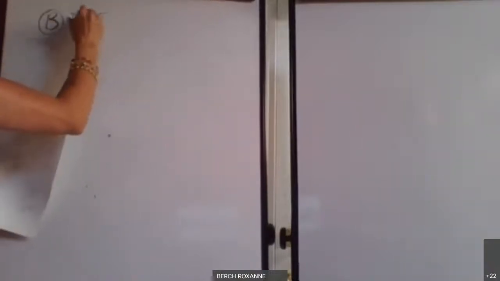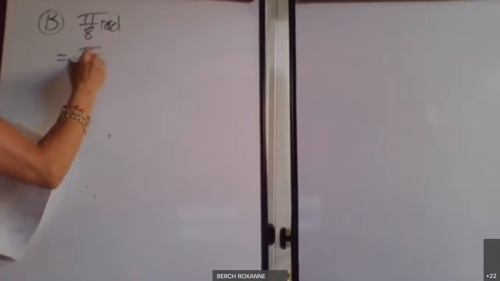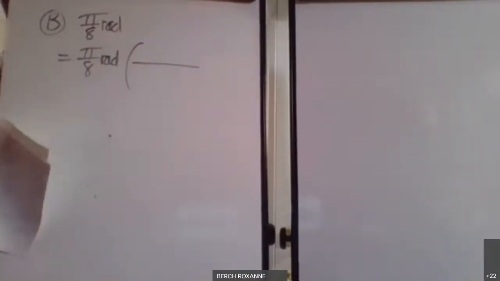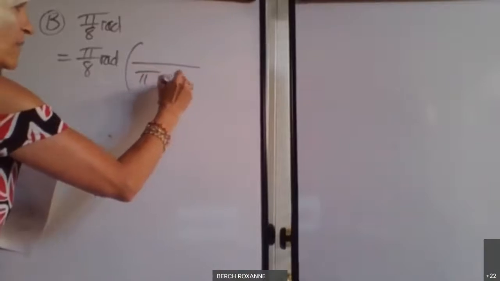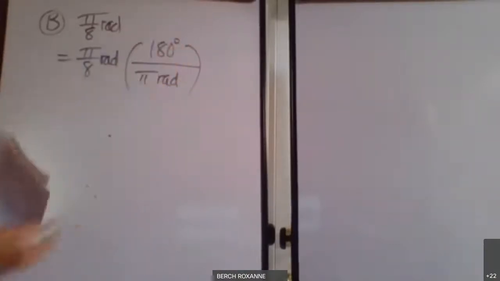All right. So now you have pi over 8 radians. So how would you convert? Well, you have to get rid of radians. So when you put pi radians on the bottom, what's that equivalent to? 180 degrees, right?